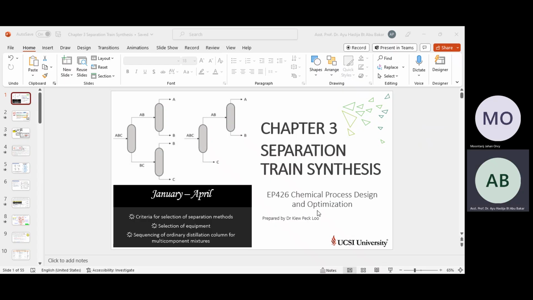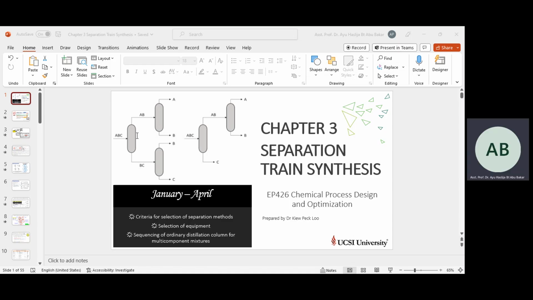Anyway, the chapters are based on the CO course outline. Midterm will cover CLO2 and CLO3. CLO2 is this one: construct a chemical process flow diagram using hierarchy of process design.